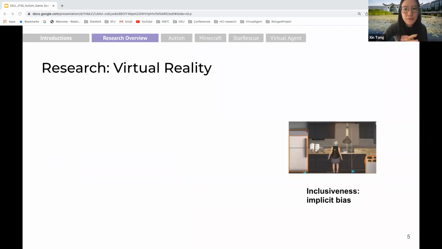Finally, I've also designed several embodied VR environments that allow people to stay in the avatar of another person, another vulnerable population, so they could better empathize with their situation, hopefully reducing potential implicit biases.